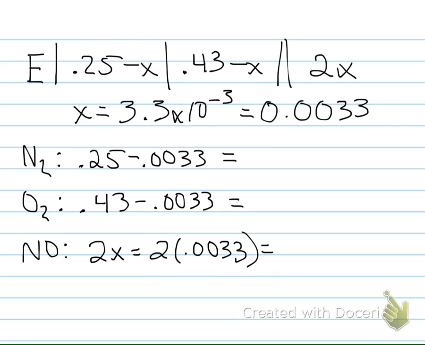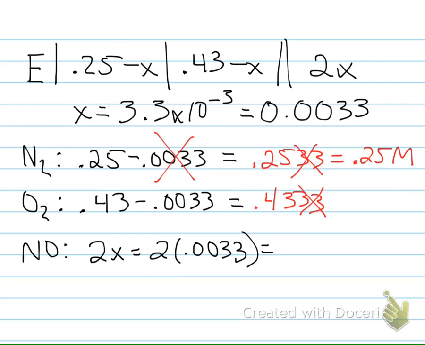And we can get some values. For the N2 and the O2, this 0.0033 is very negligible. So when we look at the sig fig values, it would be 0.2533, which doesn't have much of an effect on the answer. Same thing with this one, 0.4333, no effect.